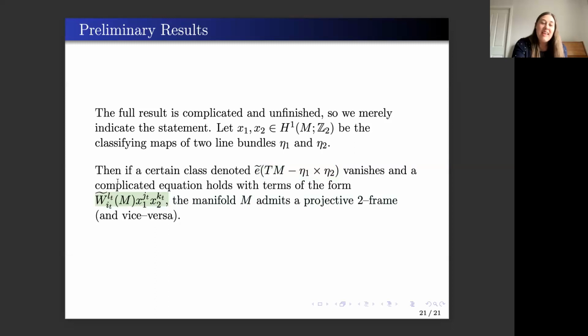So here are the powers of the integral twisted Stiefel-Whitney classes of the manifold, and then you have powers of those two one-dimensional classes. If all of that stuff happens, then the manifold admits a projective two-frame, and vice versa, because it's a necessary and sufficient condition.